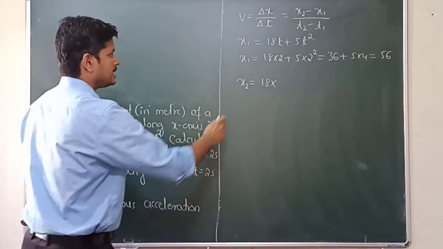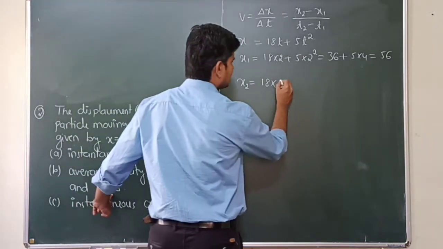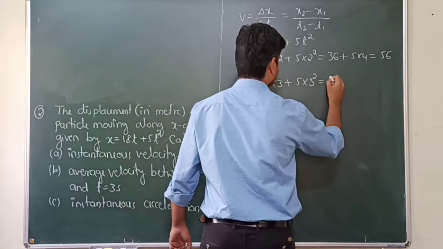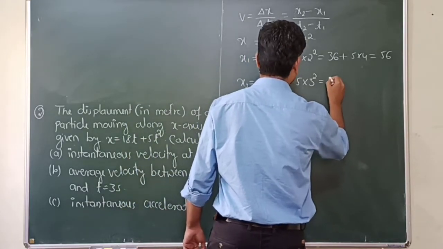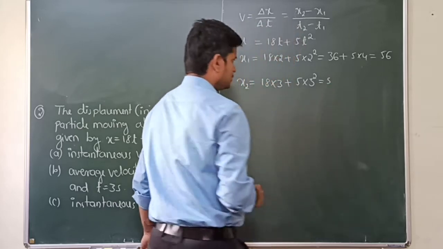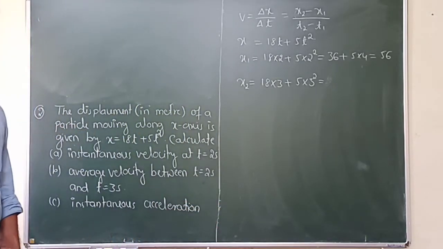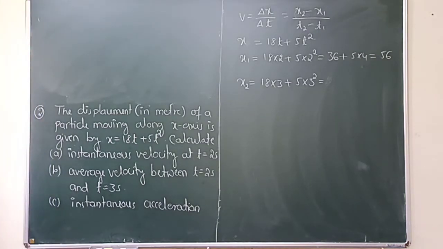Next, similarly, x2 is equal to 18 into t. In the place of t, what should we write here? 3. Okay, 3 plus 5 into 3 square. Simplify this.